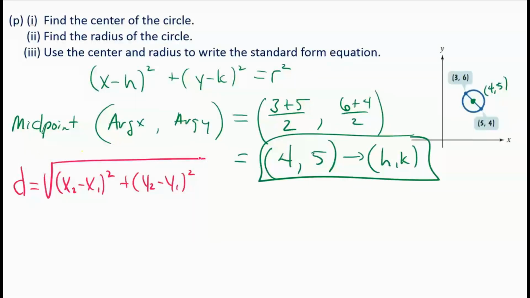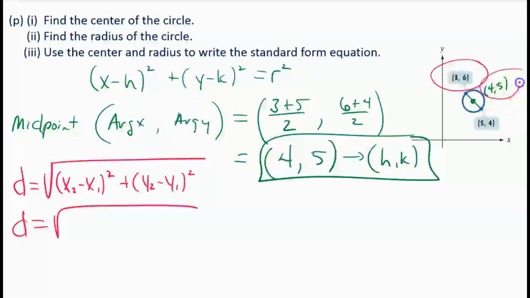That's going to give us our radius, which we're calling d because we're using the distance formula. Now, what points are we using? Well, it's up to you. You can use (3, 6) and (4, 5), or you can use (4, 5) and (5, 4), because you're finding the distance from either the center down or the center up. I'm going to use (3, 6) and (4, 5) just to avoid confusion.